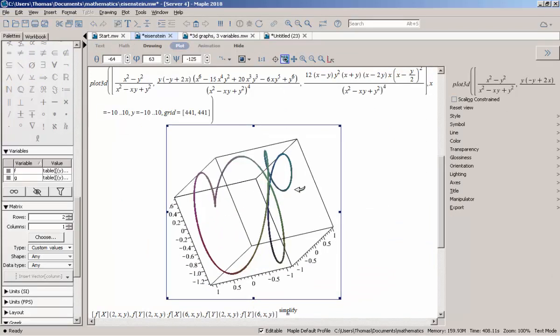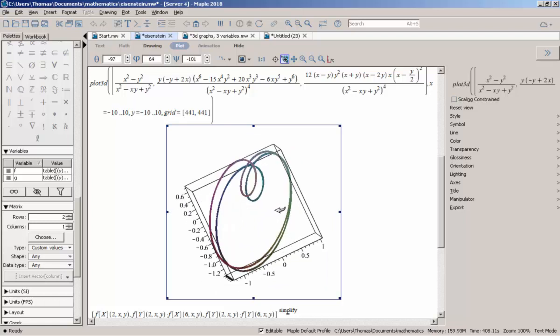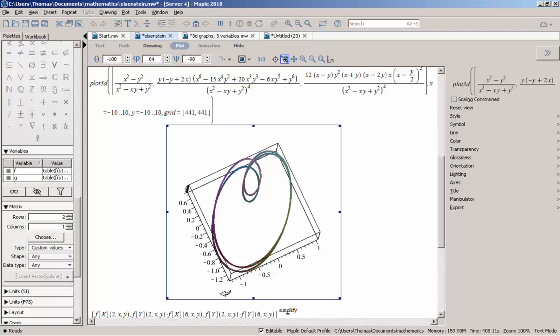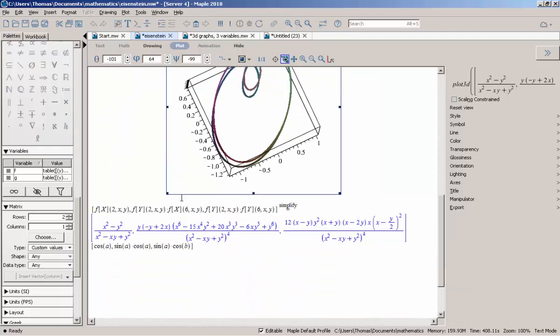Alright. So we got a loop here, and well, what we have is a 2 and a 6.